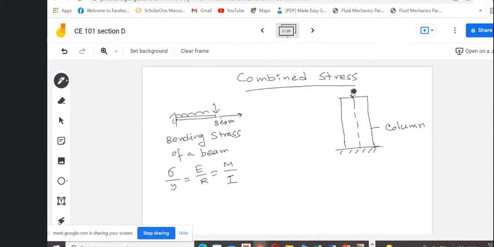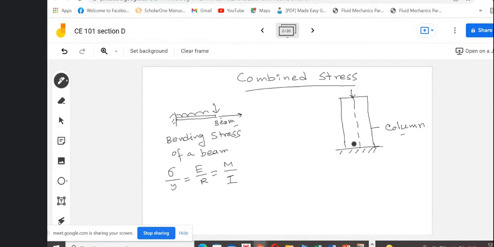That means it will act along the same axis of the column. So that is the basic difference between these two structural members, beam and column. So today we will see that when this sort of axial loading is acting, what kind of stresses get generated in a column and how we can calculate those stresses.